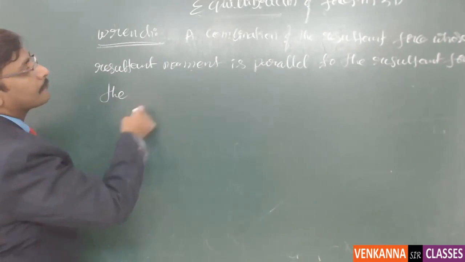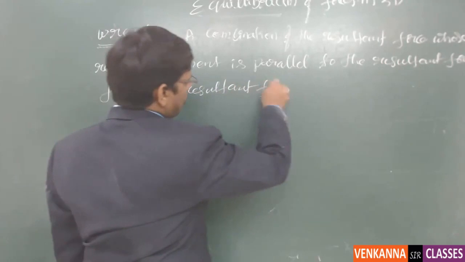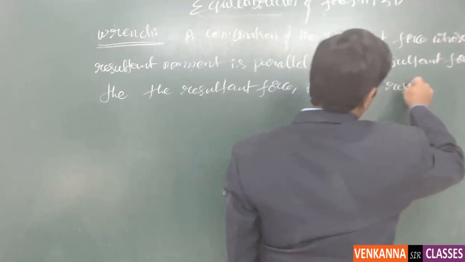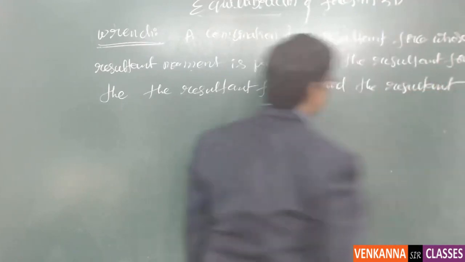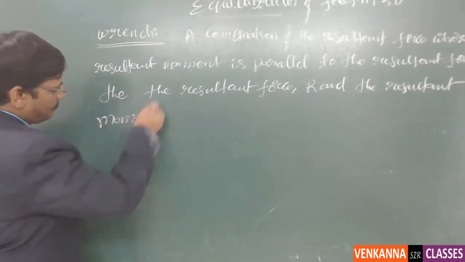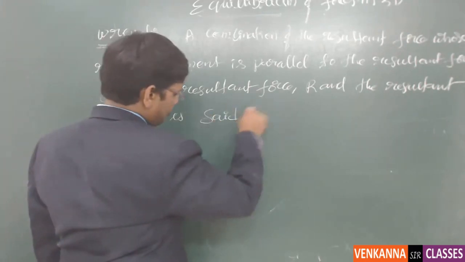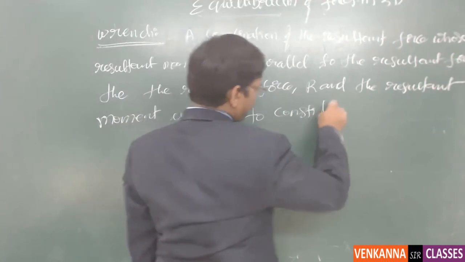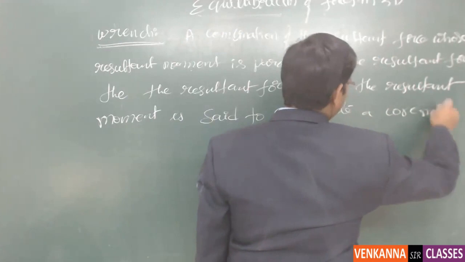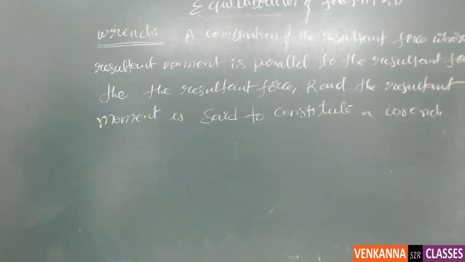Then the resultant force R and the resultant moment are said to constitute a wrench. We say that these two are constituents of a wrench.